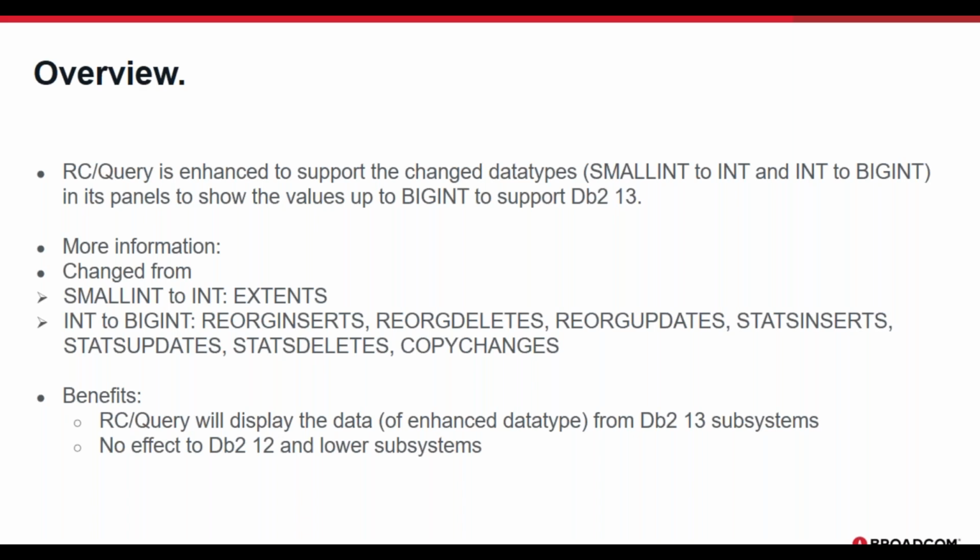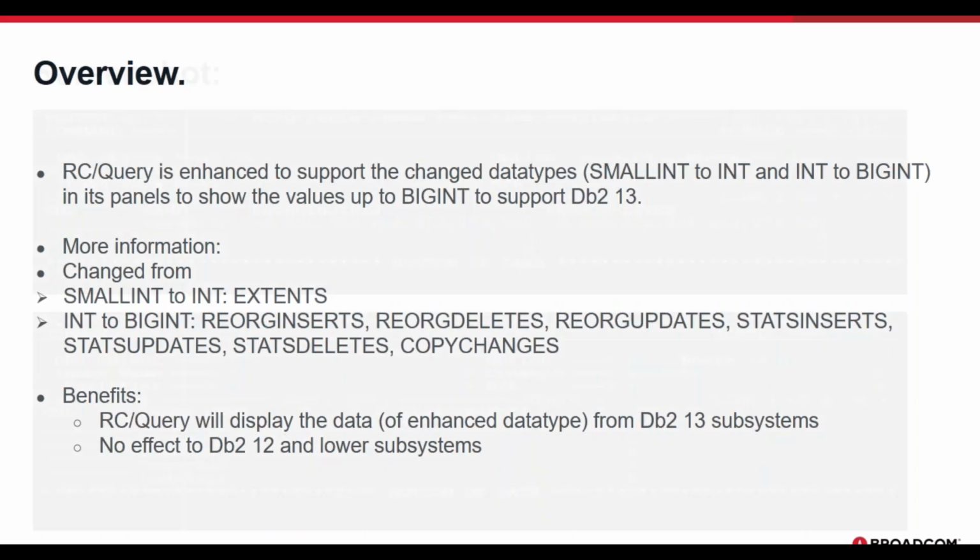Below is the list of the DB2 column names for which the data types are being enhanced, and the benefit is that query will display the longer data with the new values for all DB2 13 subsystems without any negative impact for DB2 12 and lower subsystems.